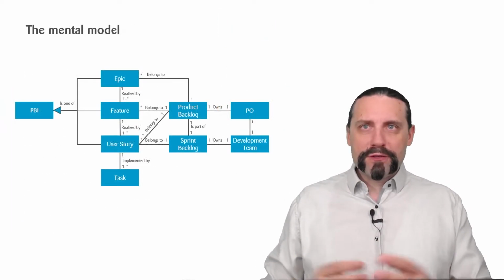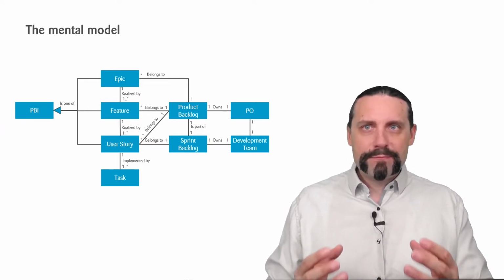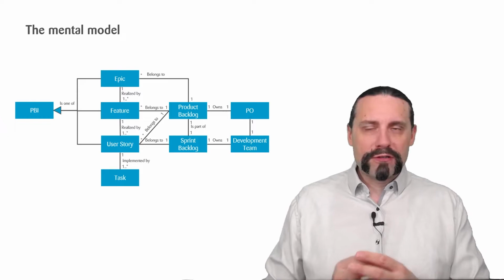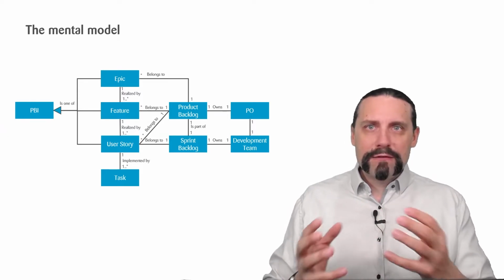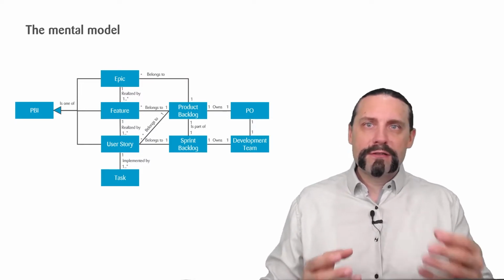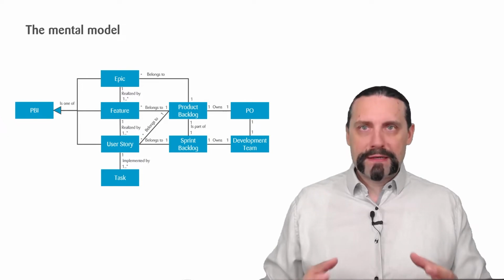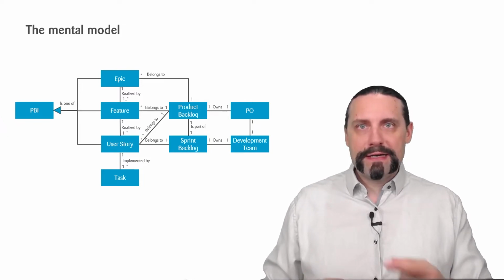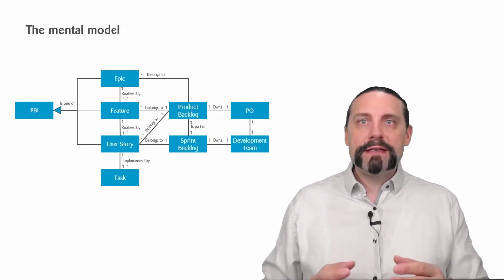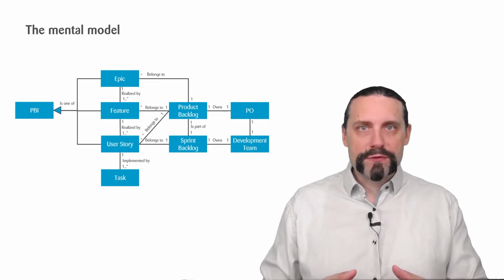I created for you a mental model so that you can understand better what a product backlog item is and what the relations are to the product backlog, the PO, and the sprint backlog. A product backlog item, PBI, as you can see over there, is either an epic, a feature, or a user story.